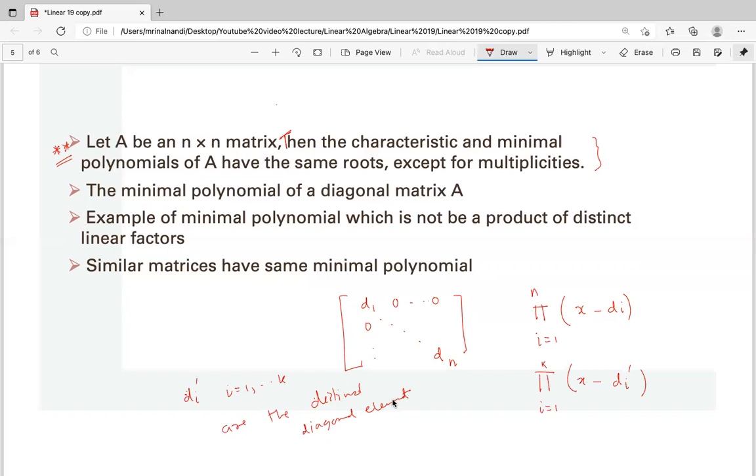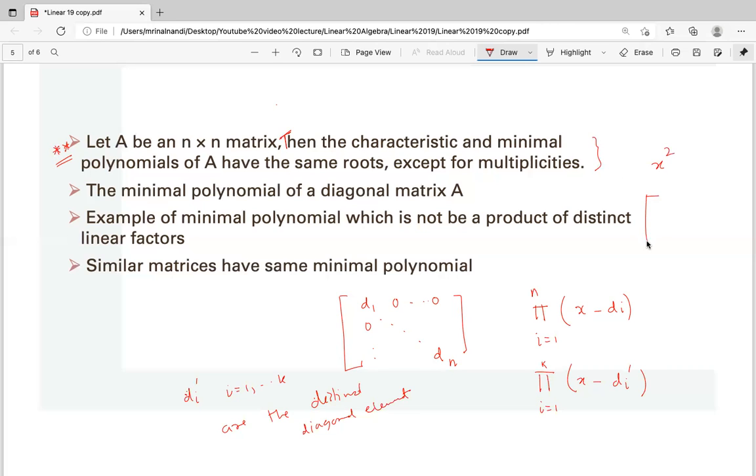But it may not be true that every root of the minimal polynomial is simple, that it has multiplicity 1. That may not be happening. There is a minimal polynomial like x square.